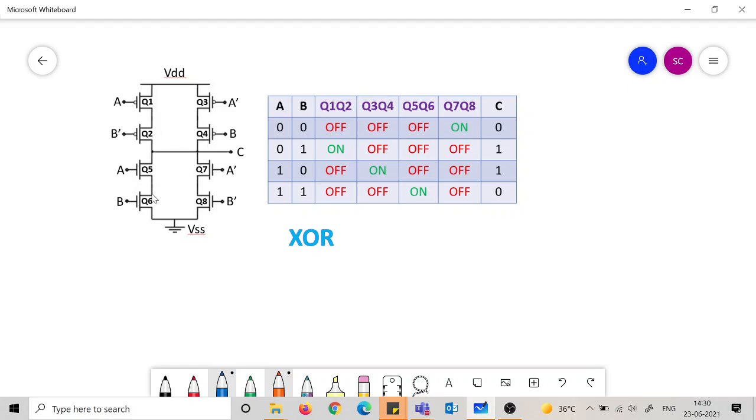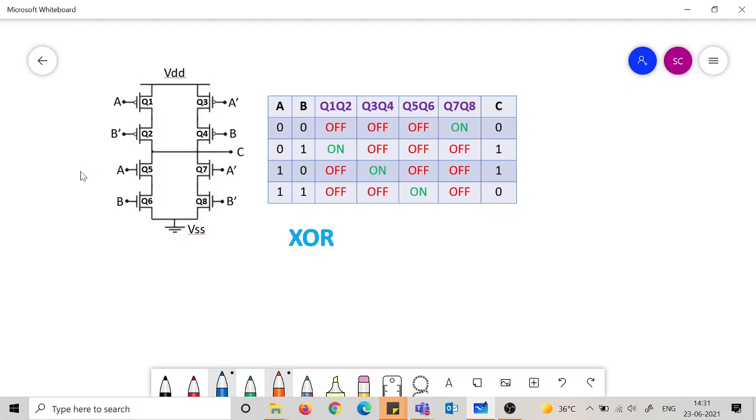Q4 and Q6 both have B as an input. Now you see A dashed and B dashed as inputs to other transistors. What are A dashed and B dashed? A dashed is the complement of A, B dashed is the complement of B. That means A dashed and B dashed are created by passing A and B through a NOT gate.